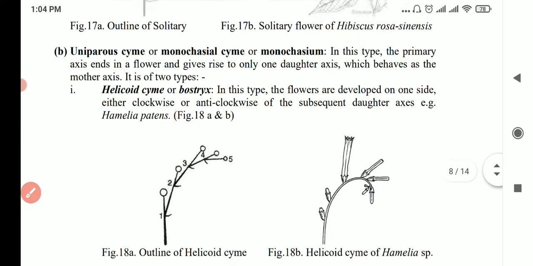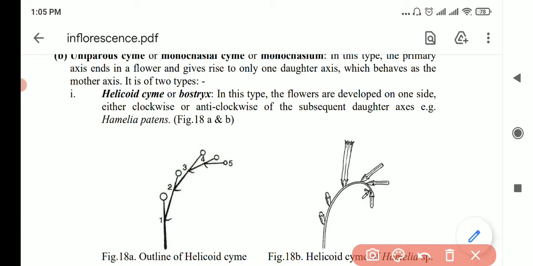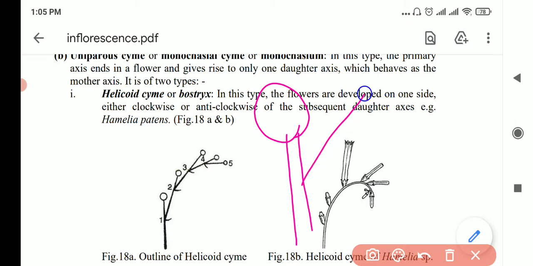Very easy. Then the uniparous cyme or monochasial cyme or monochasium. Now see here. First, this plant will end in one flower. Then a branch will produce, a younger one, and it will end in the second flower. So this is our first flower, this is our second.